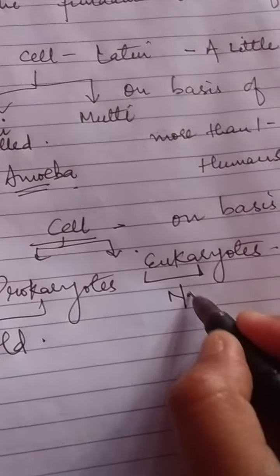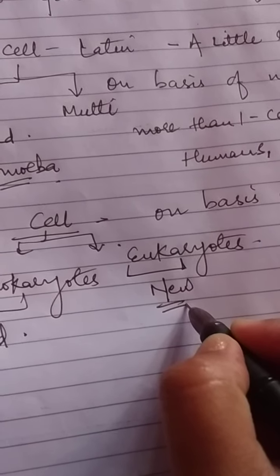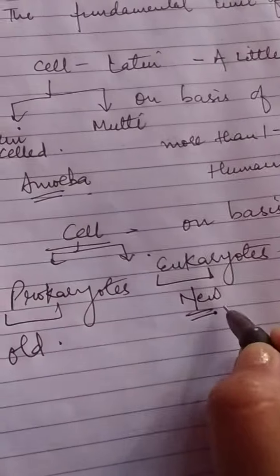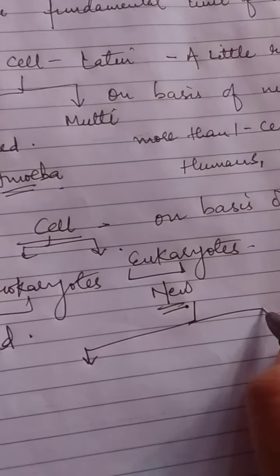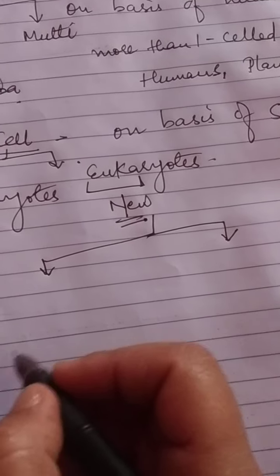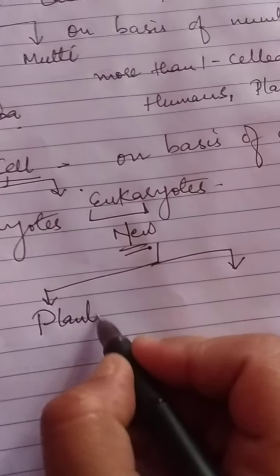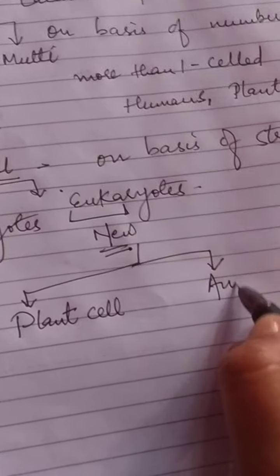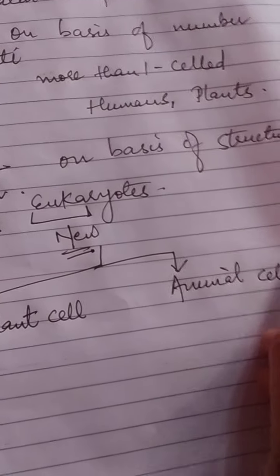You will remember from here, eu, it's a new cell. Eukaryotes have well-defined organelles, they are the new cells. So plant cell and animal cell are the two categories of eukaryotes.